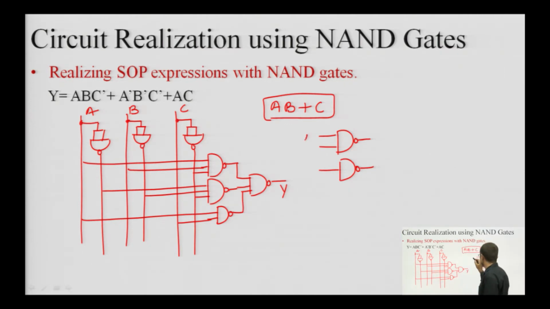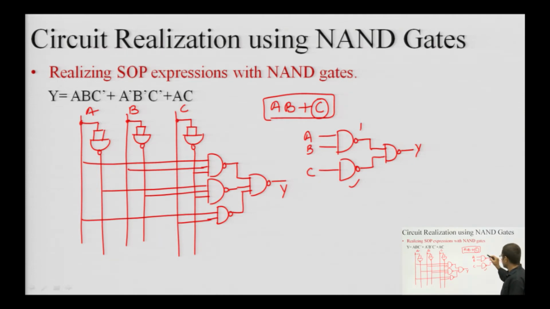There cannot be a direct connection. That means, this is my circuit for this A B plus C. This C, which looks like a plain variable, also has to pass through a NAND gate, only then it is equivalent.